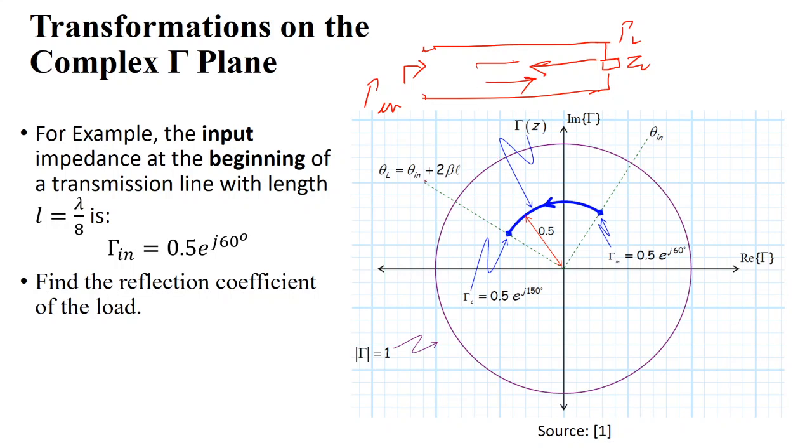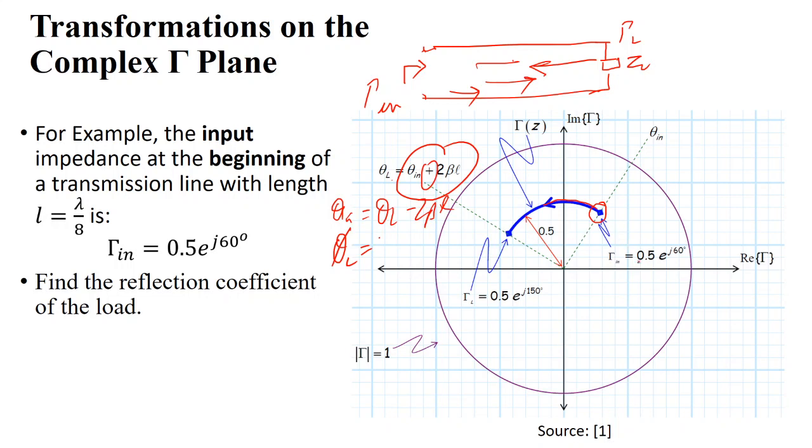So at this point, the phase is phi in equals phi L minus 2 beta L. They are using theta, so theta L will be equal to this expression. When you increase the length from this side, you are moving this side, so the phase will increase in this direction. So you have to move in the counterclockwise direction.